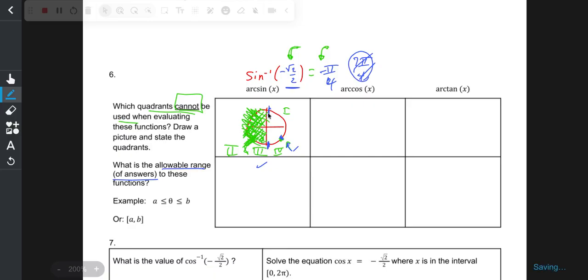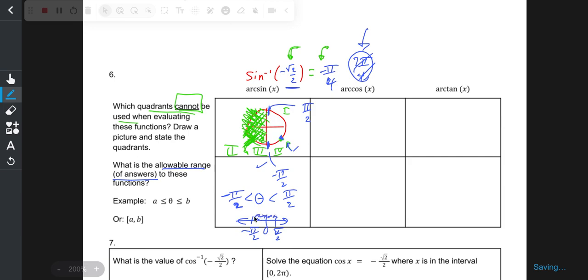You're to give answers that range from negative pi over 2 to pi over 2, and only those angles or those radians in between, okay? 7 pi over 4 is not within this range. It's like a number line, right? Negative pi over 2, here's pi over 2, here's 0, and everything in between.